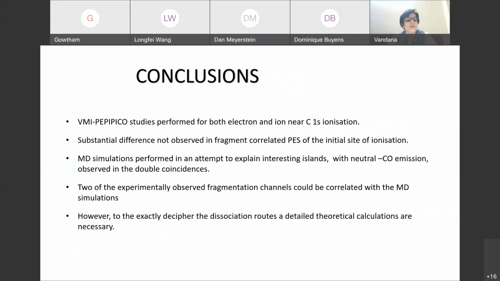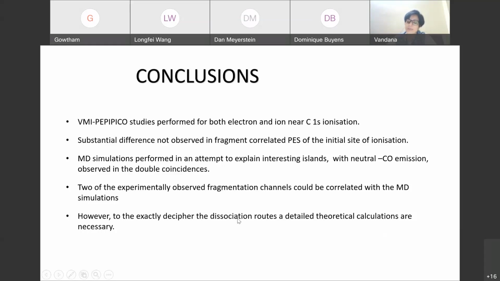So in conclusion, for the first time we have utilized this momentum imaging technique from BMI PEPICO, and we have done this electron-ion coincidence near the C1s edge ionization. We looked into the dicationic fragmentation channels, and our molecular dynamic simulations match quite well with our experimental data.